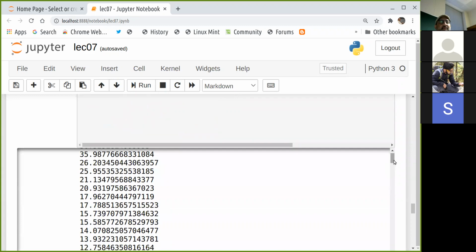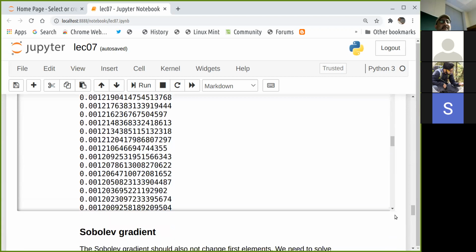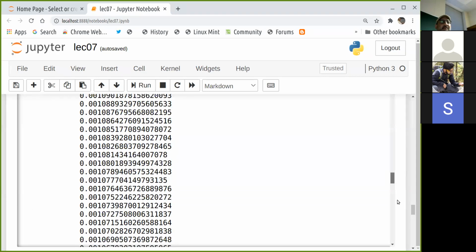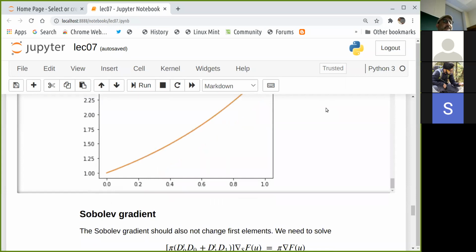And we run along, and remember, once again, this is the Euclidean space, so steepest descent is very inefficient. And the last entry should be what? It should be the exponential function at t equals 1, so it's Euler's constant e, 2.718. Okay, it's not too bad an estimate for e.